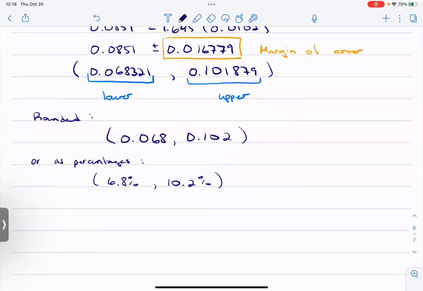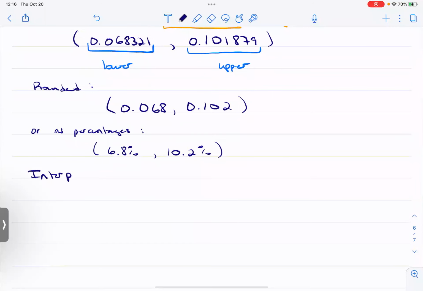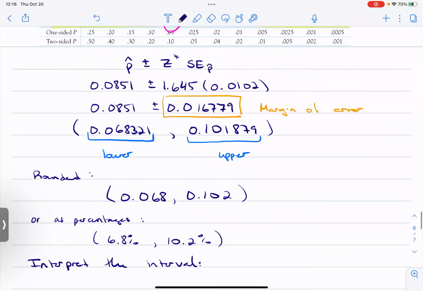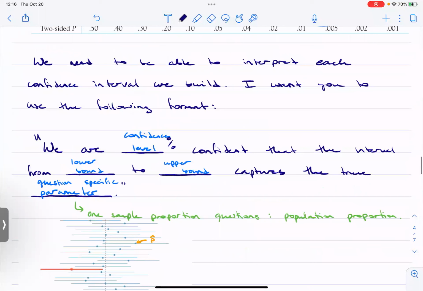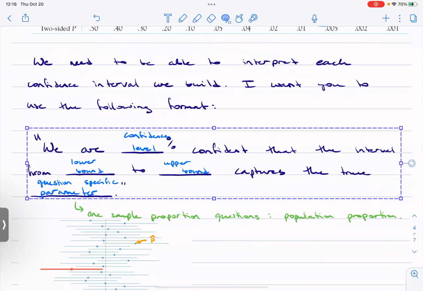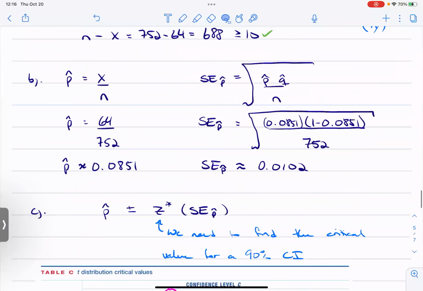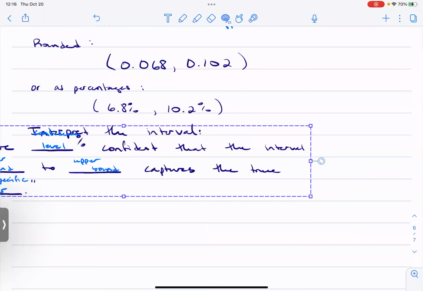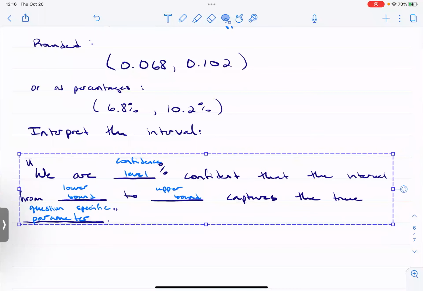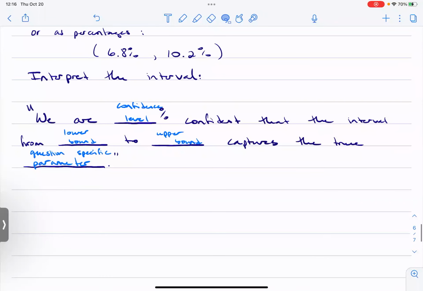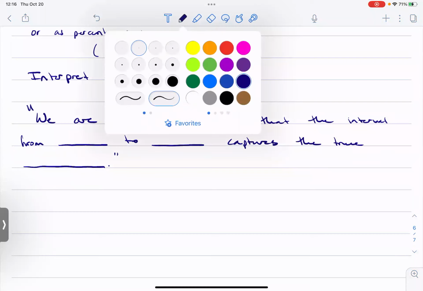Now we're ready to interpret this interval. So I'm going to steal that fill in the blank one that we just wrote out. Here we go.